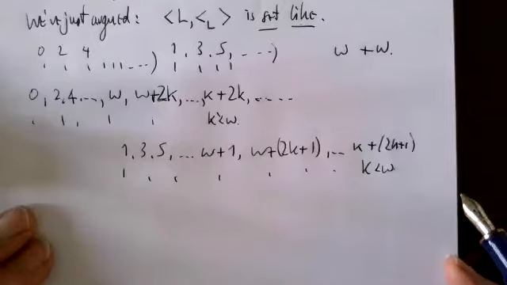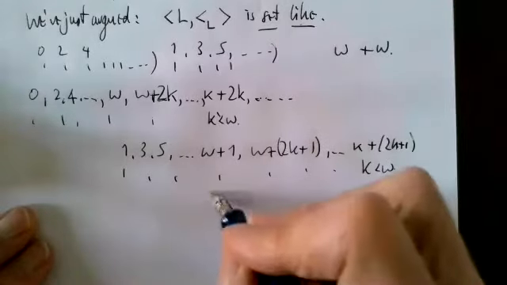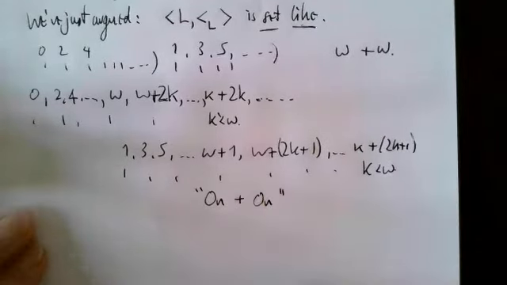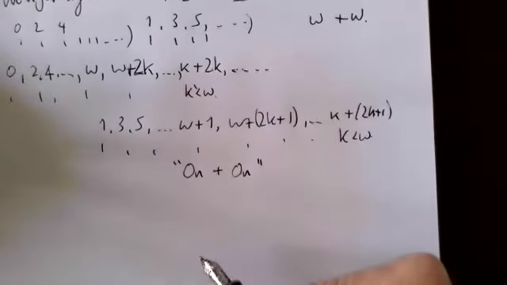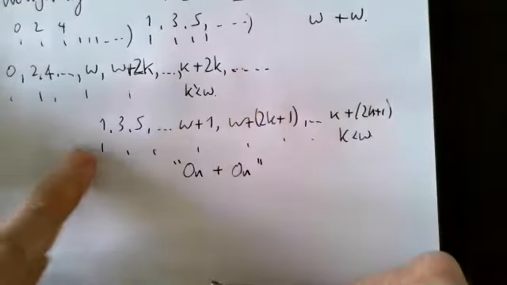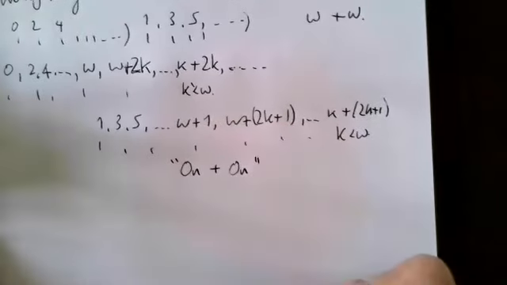If I were to think about what the order type was, the only thing I could write down sensibly is that it's of the form ON plus ON. There are ON many even ordinals, and then I put ON many odd ordinals.